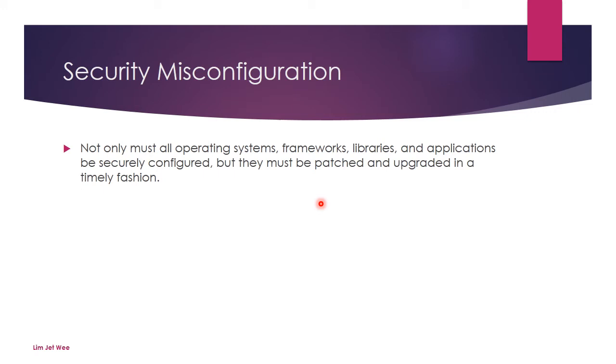A common one is the .NET framework, and the libraries you're using for Python or C or any other language, as well as the applications you're using for your system. Every one of them must be patched and upgraded properly.